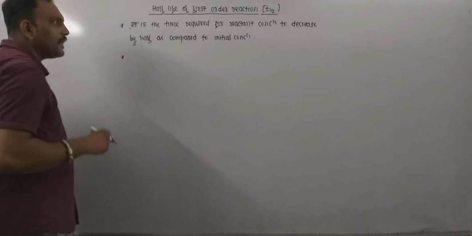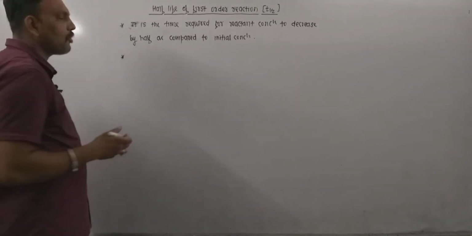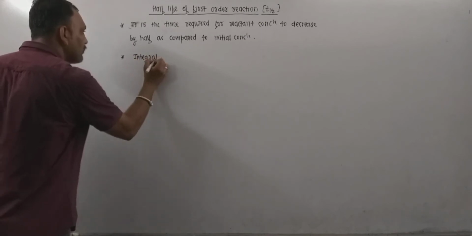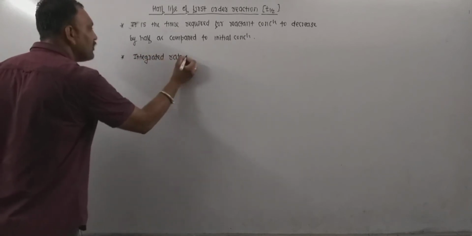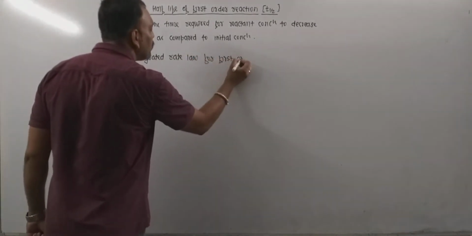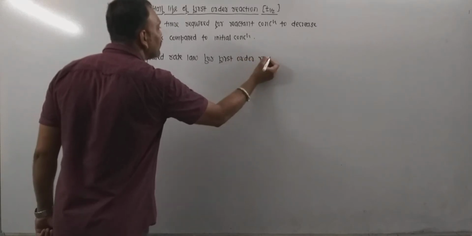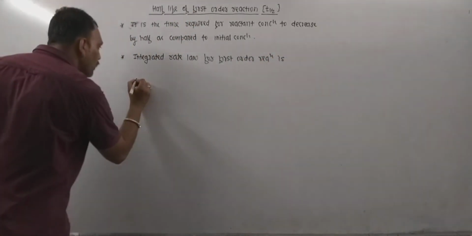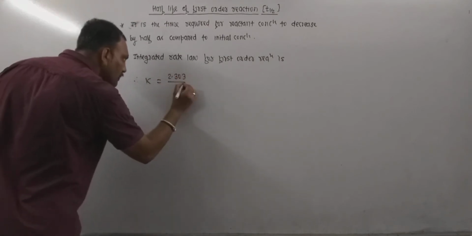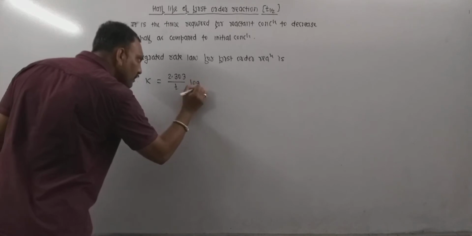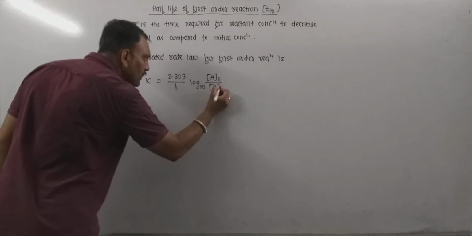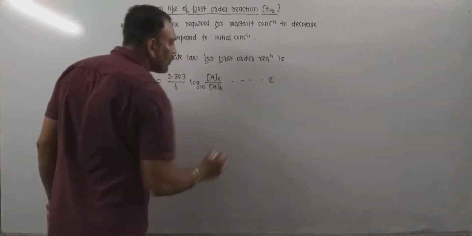Now the integrated rate law for a first order reaction can be given as K is equal to 2.303 upon t log base 10 of concentration of A naught upon concentration of A t. Call this equation 1.